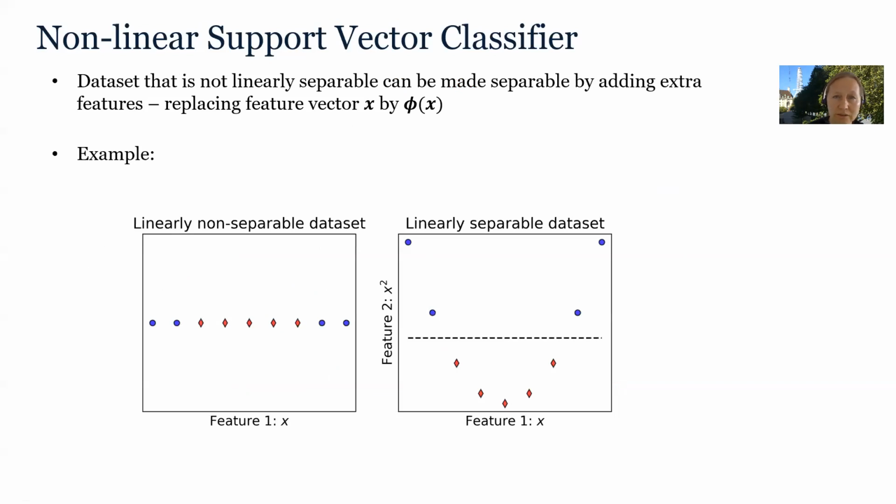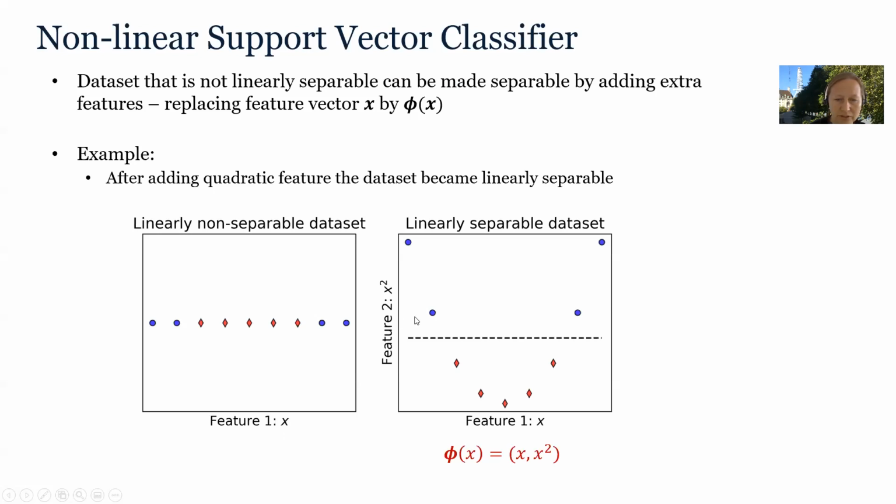A dataset that is not linearly separable can be made separable by adding extra features. Here in this example, we can see a linearly non-separable dataset with a single feature x. If we add a quadratic feature, so now we have the original feature on the x-axis and the quadratic feature on the y-axis, the dataset becomes linearly separable.